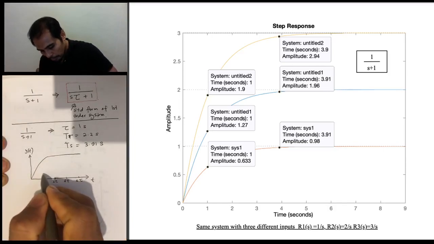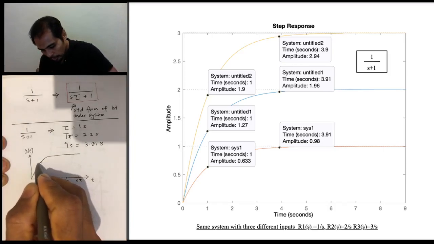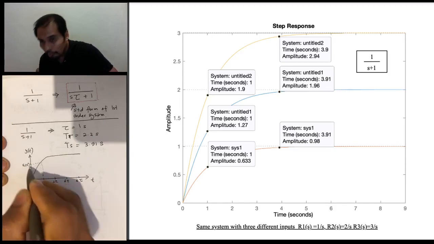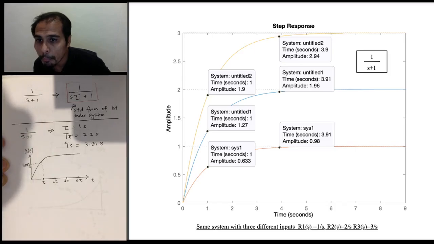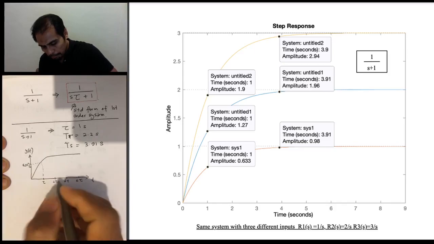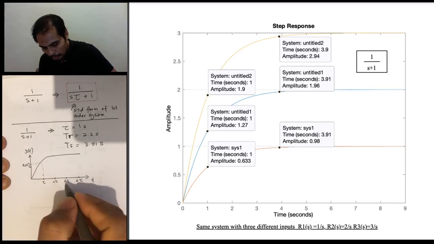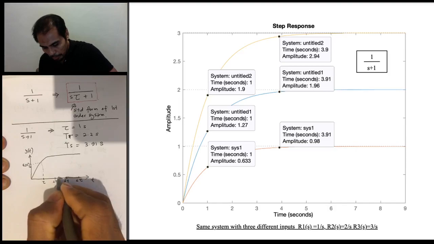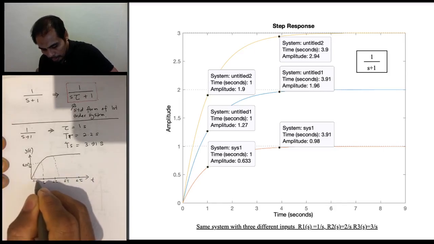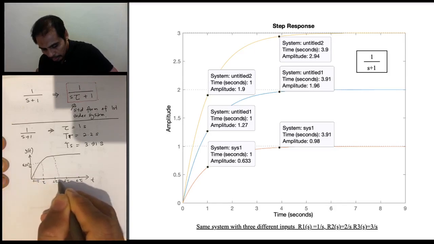We know that at t equal to 1 tau the response is here, which is 63.2%. And we know that the rise time is from 0.1 here, which is 0.1 tau, to 2.3 here, which is 2.3 tau.